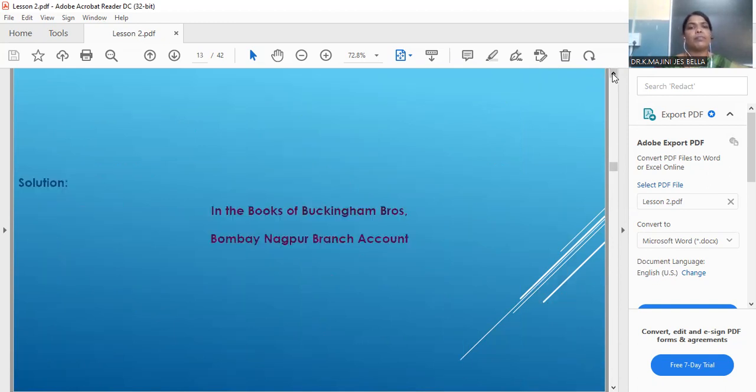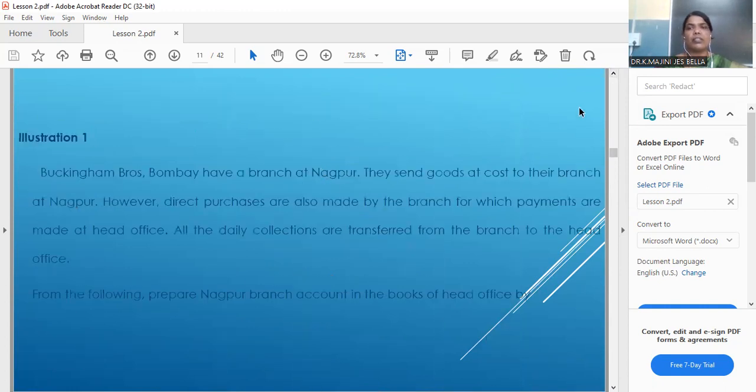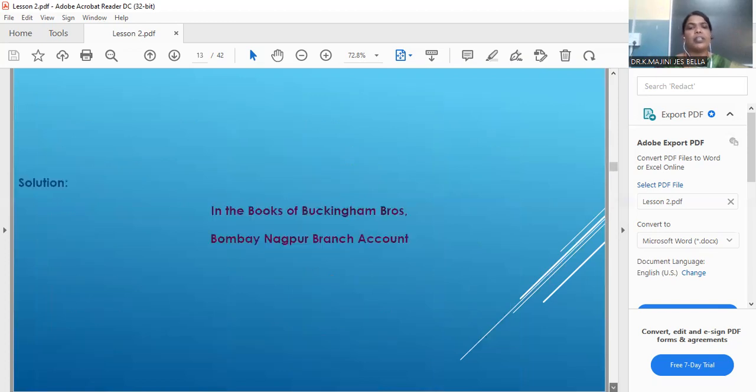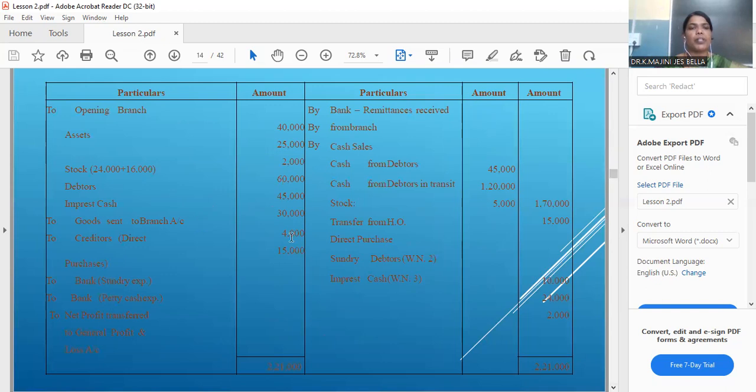See here. Creditors, direct purchase 45,000, right? So we can write here creditors, direct purchase 45,000. Okay. Then bank, sundry expenses, how much? 30,000 only. Then petty cash expenses, they have given in the question 4,000.